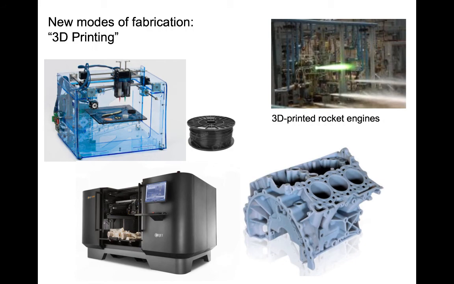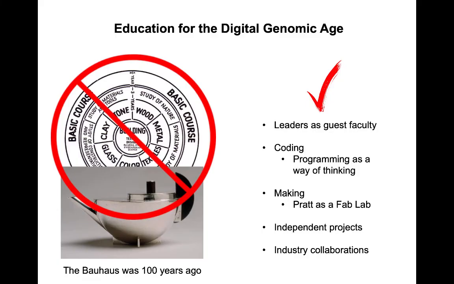It can handle big stresses. This emerging digital genomic age, not the Bauhaus education, is one in which leaders in the field are guest faculty. We learn programming as a way of thinking, getting beyond Aristotle's 5 parts to an essay, and thinking of what you can do in terms of relating unlimited ideas in the computer, independent projects, industrial collaborations.